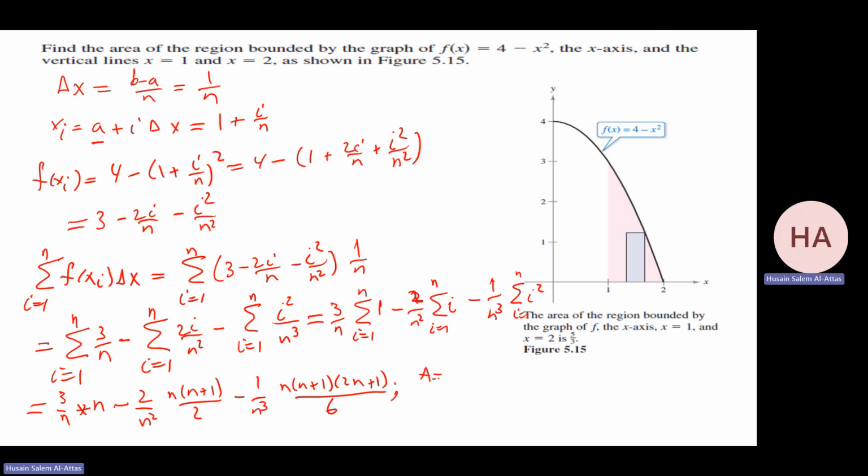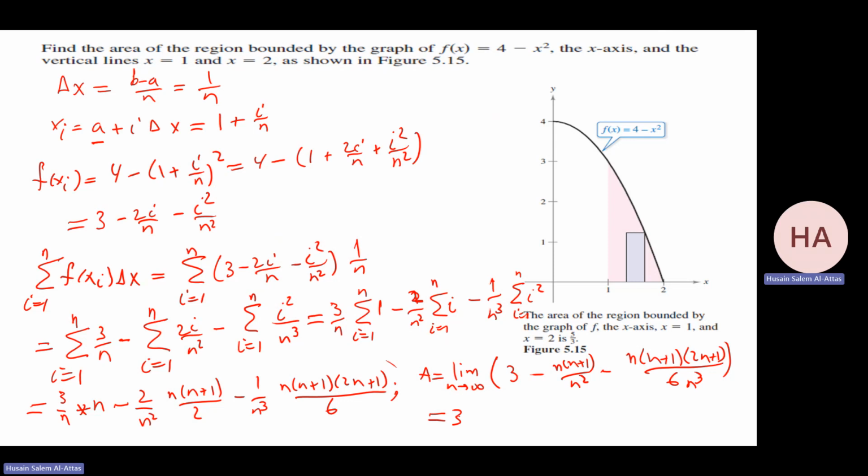The area will be the limit of all of this, the limit of 3 minus (n plus 1) over n squared, minus n(n plus 1)(2n plus 1) over 6n cubed. I can distribute the limit.